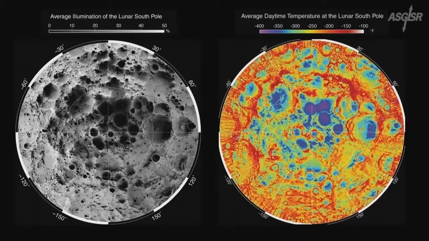So as you see on the left, this is a great example of illumination, regions that are illuminated over a certain percentage of time. And then as you can see, there are quite a few deep craters that are permanently shadowed. And in these permanently shadowed craters, on the right side, we see the temperature variation, and it is extensive.